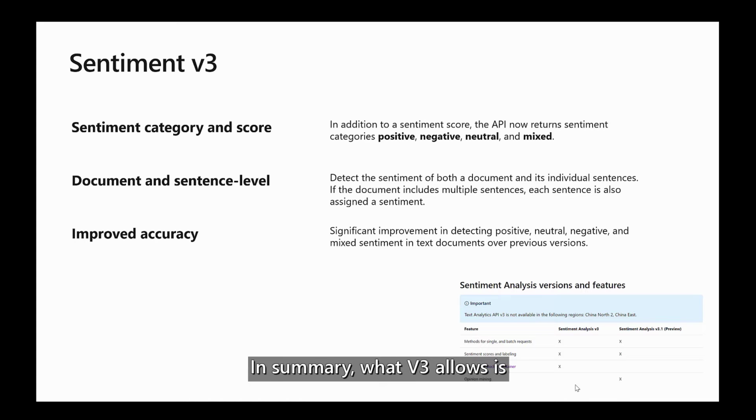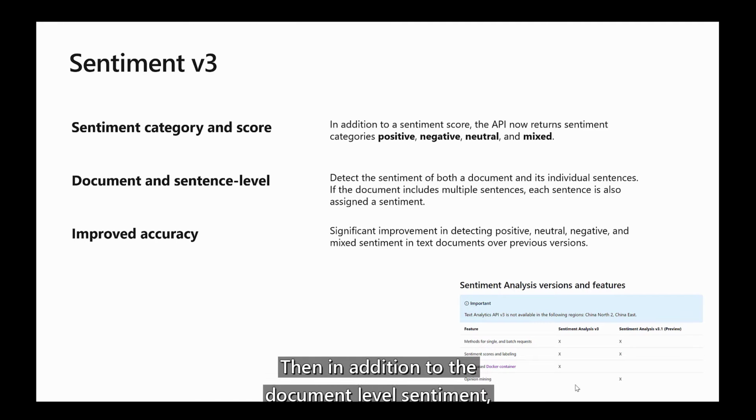So in summary, what v3 allows is different polarities, with each score being 0 to 1, and the summation is of course 1 for all three polarities. And then in addition to the document level sentiment, you can also have sentence level sentiment, so you don't have to manually split the document, right?